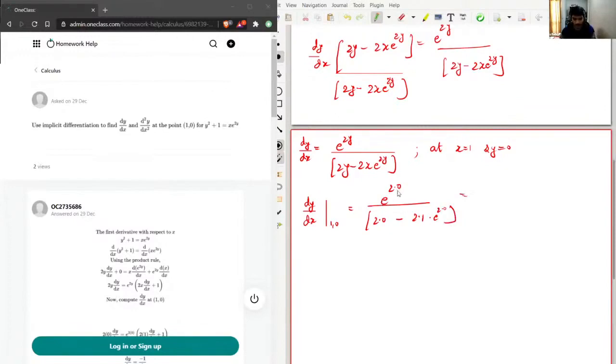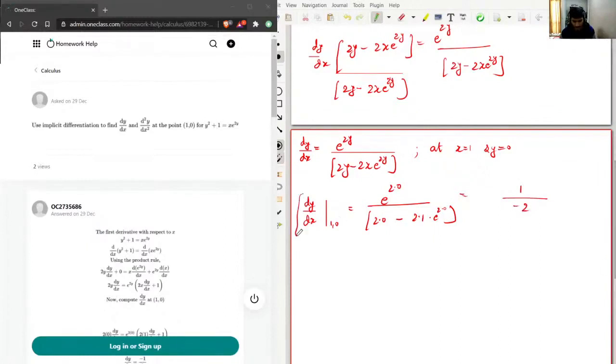Now e power 2 times 0 is e power 0, which will be 1. So this will be 1 over, 2 into 0 is 0, and e power 2 into 0 is 1, and 2 into 1 will be 2. So we'll get minus 2 in the denominator.